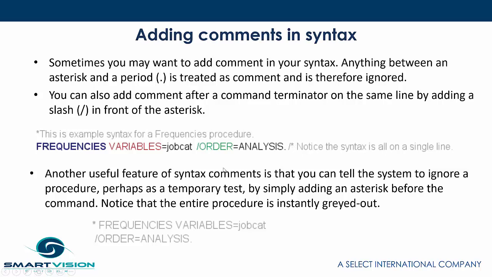That'll be useful. And another useful feature of the syntax comments is that you can tell the system to ignore a procedure. So you can, what we call, comment it out. You might want to, for example, just take out a selection. Maybe you've got a filter in there. Maybe there's a procedure which is really messy, and you just want to take it out temporarily for testing purposes. If you just put an asterisk in front of it, it grays it out.